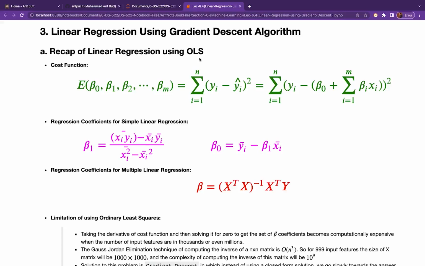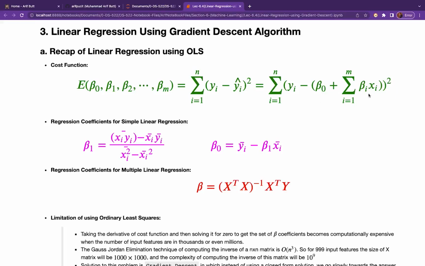In those two sessions, our objective was to minimize the cost or error function called sum of squared errors, shown in green over here, where this yi is the actual value and this yi hat is the corresponding predicted value, which in case of linear regression is c plus mx or beta naught plus beta 1x.